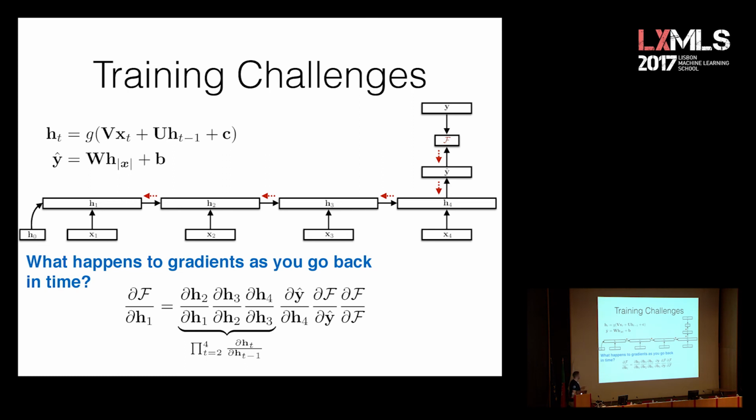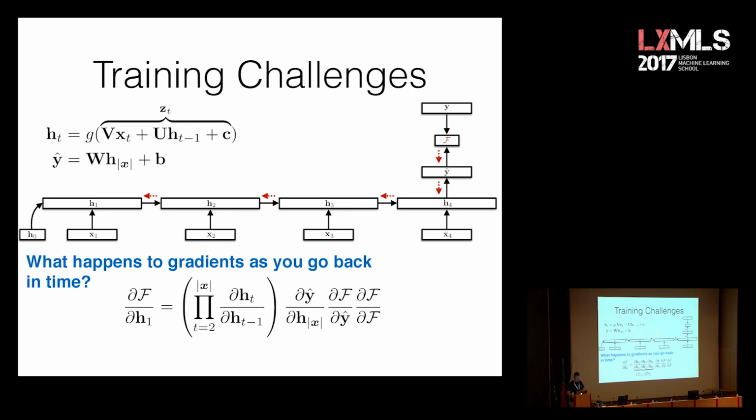So now we can actually get a derivative with respect to h1. And we can continue down into these other components of the model as well. But I want us to focus on this temporal component where we've got these chains connecting the h_t's. Here we've got this little sequence of derivatives of h_t with respect to h_t minus 1, looping from t equals 2 to 4.